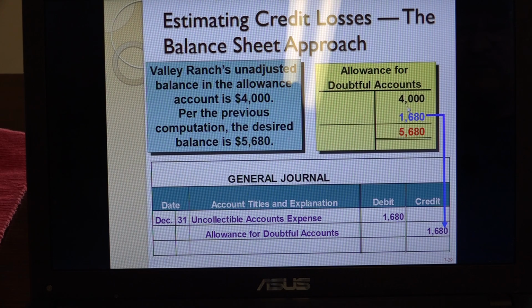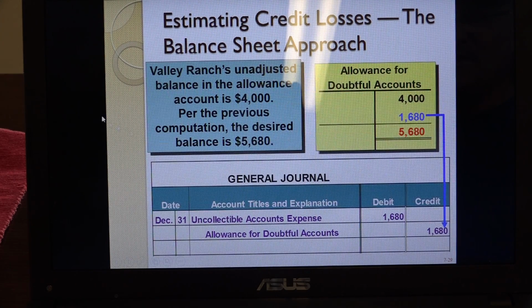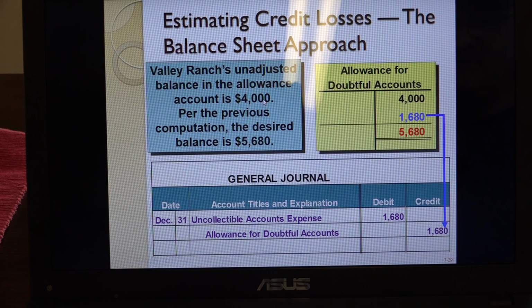So anyway, bottom line is, oh, wait. I got this wrong. Okay, 4,000 is in there at the end of the year. You're trying to get to 5,680. Let's go back. And so 4,000 was in there at the end of the year.